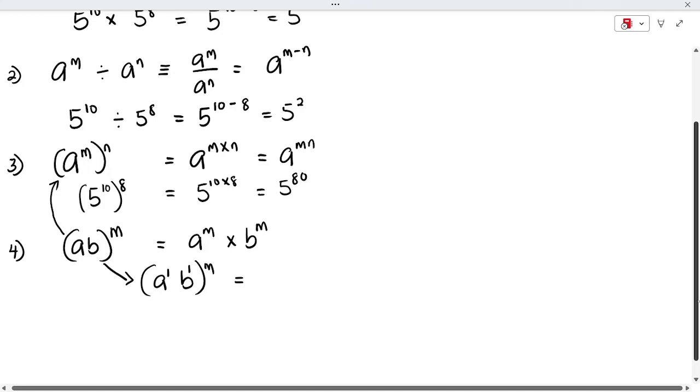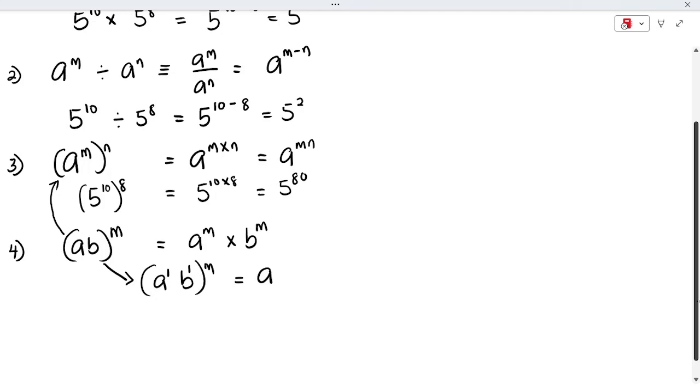So now, remember what I said in law number 3: to open the bracket, the power outside needs to multiply all the powers inside. That means the power outside will multiply the power of A, and the power outside will also multiply the power of B. That means you are going to have A raised to the power 1 times m, and then B raised to the power 1 times m.